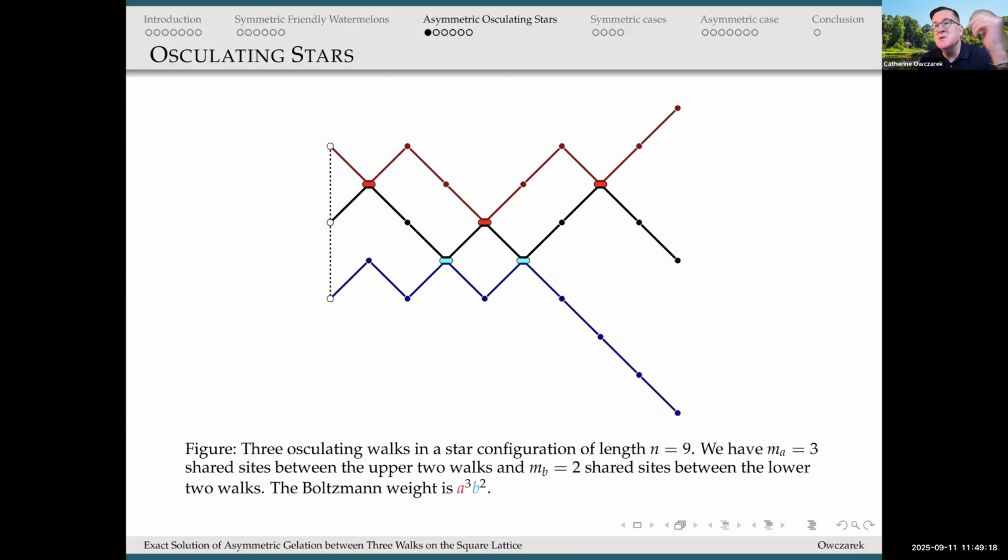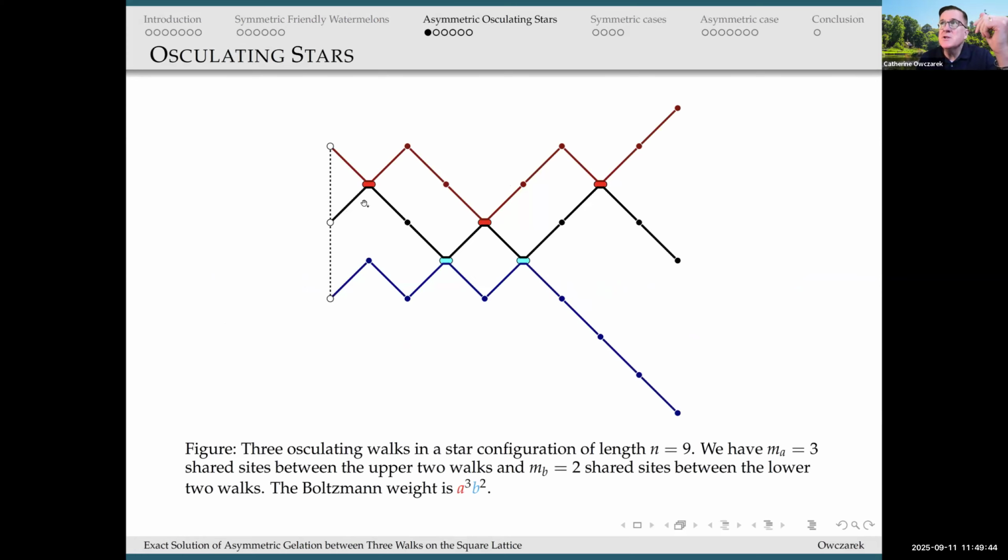But in fact, let me just explain what the problem we did look at eventually is: these are oscillating stars. So oscillating walks can't all be together at the one point if you have three of them, because then you'd have to share a bond of the lattice. So we start them one lattice spacing apart, and moving in this direction. They can end anywhere, and we sum over all endpoints.